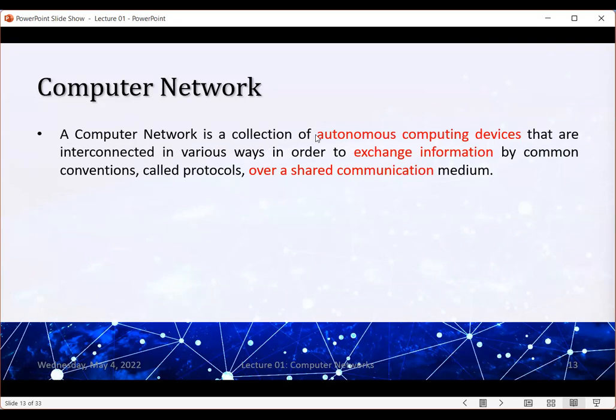Here we use the words autonomous computing devices. I mean, the devices should be able to operate by themselves, and the interconnected devices should be able to exchange and share information, and we are also using a shared communication medium. It may be a wired connection or a wireless connection like Wi-Fi. Likewise, the devices should be able to interconnect with each other in a computer network.